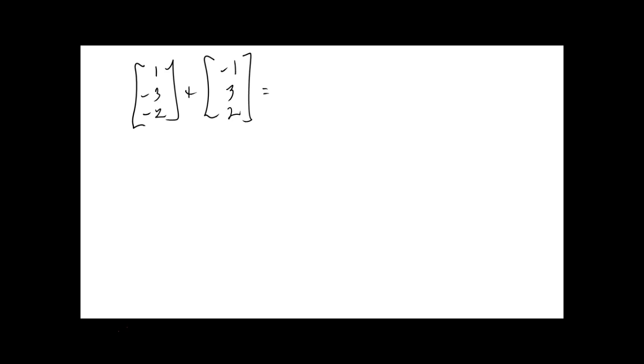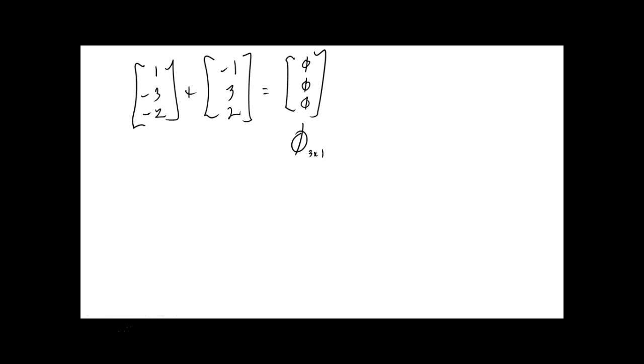Both of these are 3 by 1s. So add them and see what you get. Zero, 0, 0. All right. That is called the 0, 3 by 1 matrix. Okay?